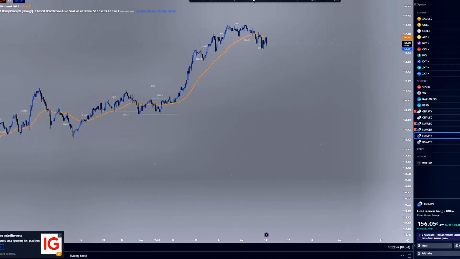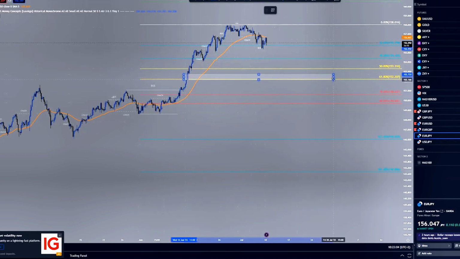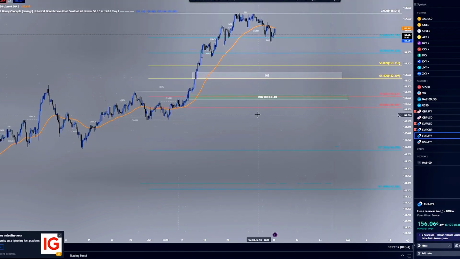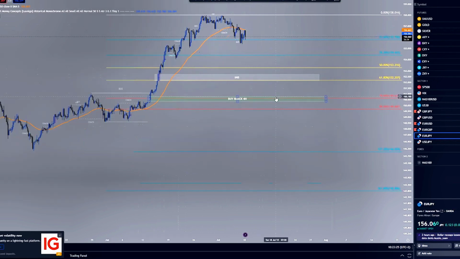All right, let's see. Take this one quick. Ooh, perfect support. This, and here we have the buy order block. But this one, I love how EURJPY respects the fib.